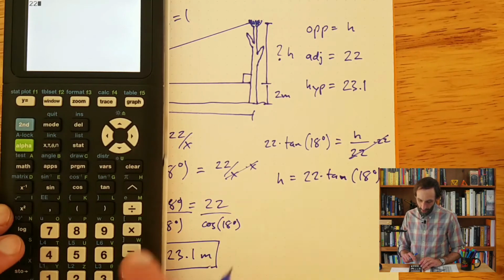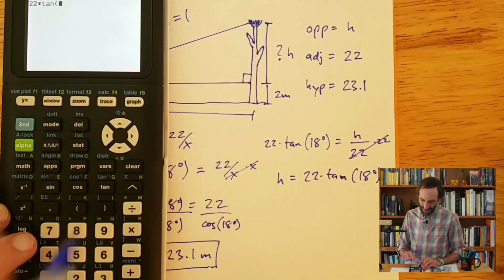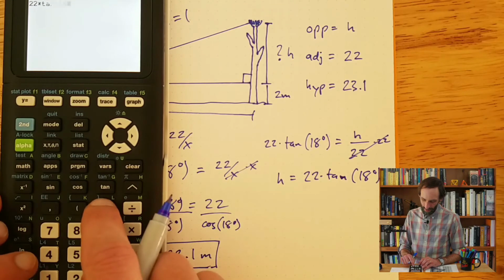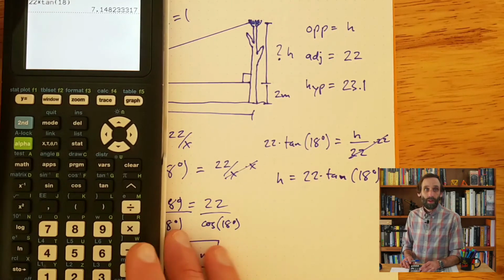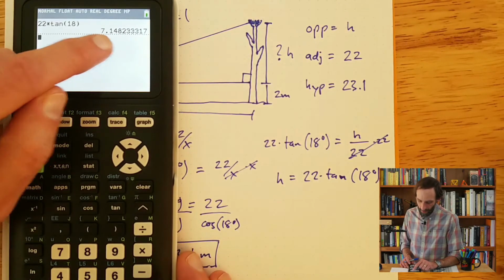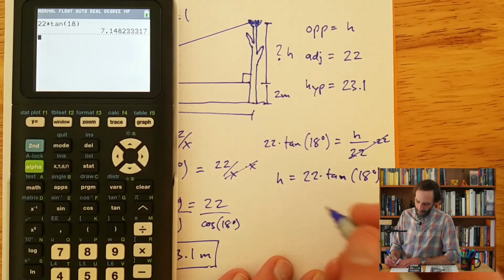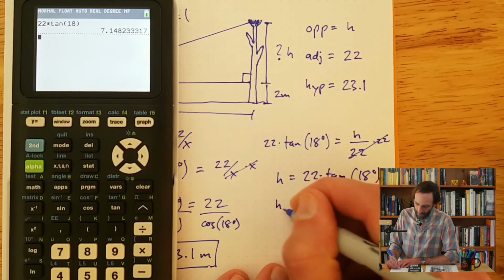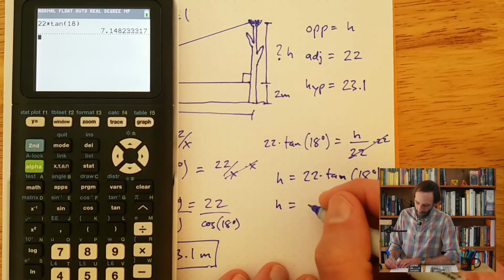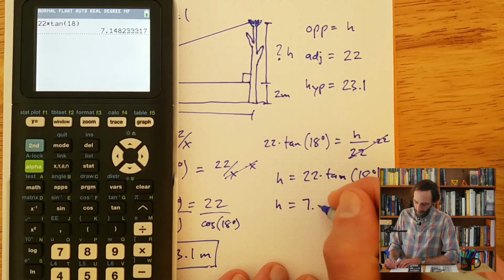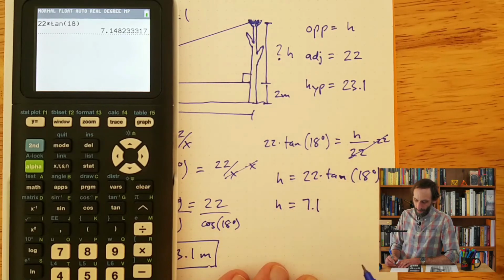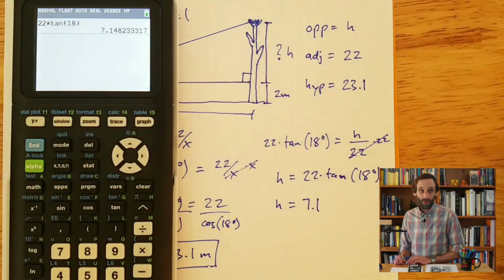And so here we go, 22, not 2, times the tangent of 18. I hit enter and I get 7.148. So round to the nearest tenth. I'm going to get that h is equal to 7.1. Now again, that's not the height of the tree.